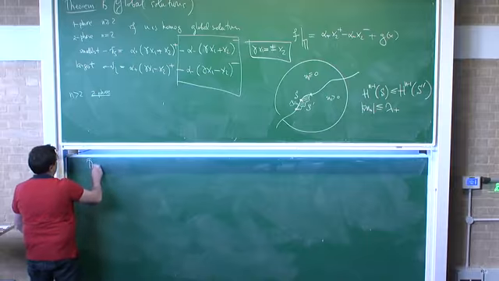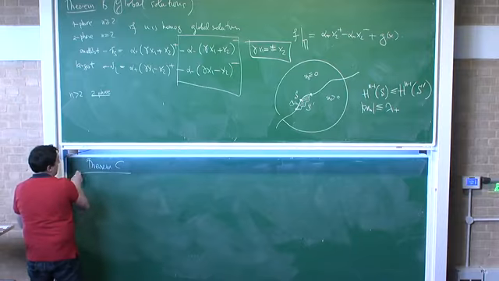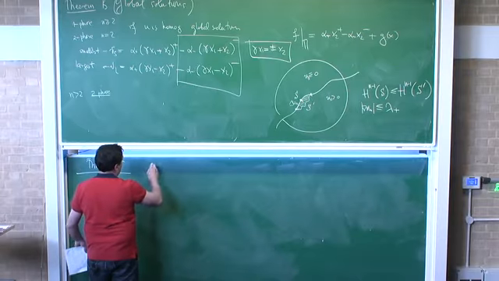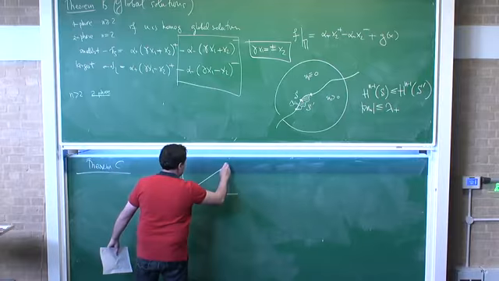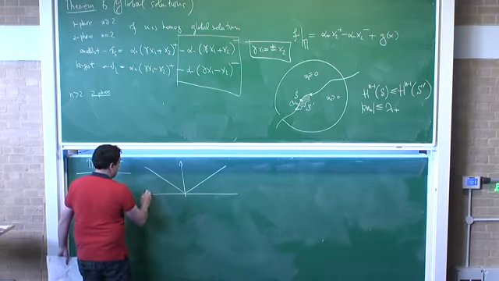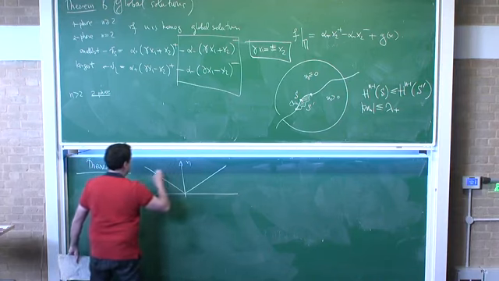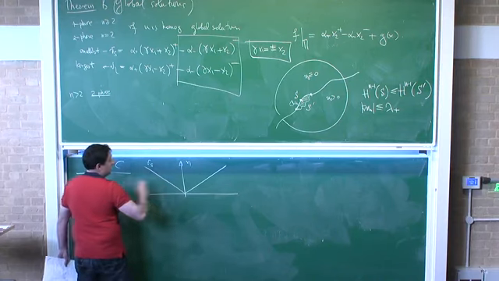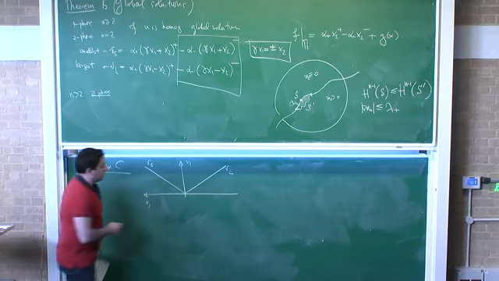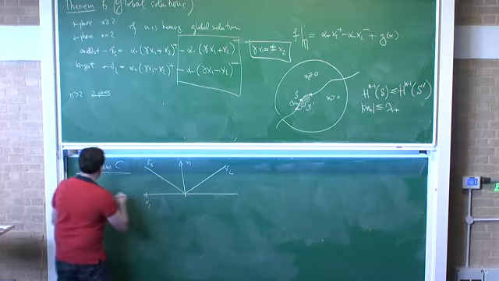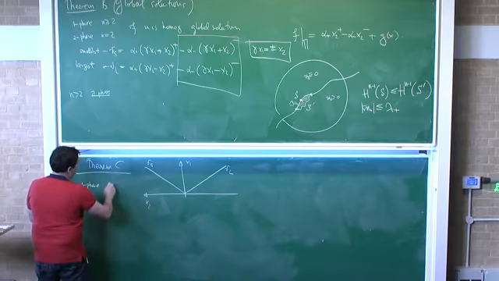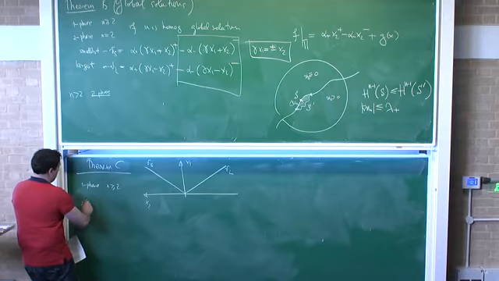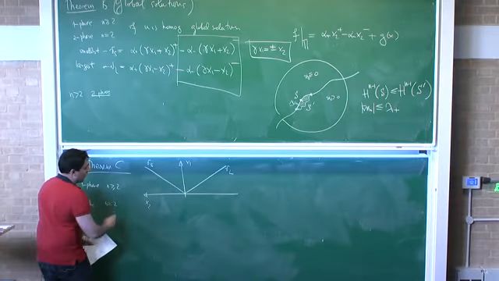So let's call this theorem C. Think that these are the free boundaries. So think that this is x2 and this is x1. This is the free boundary of the small one, and this is the free boundary of the large one. Then the main theorem says that under the conditions above, say one phase and n is bigger than 2, and then two phase and n is 2.